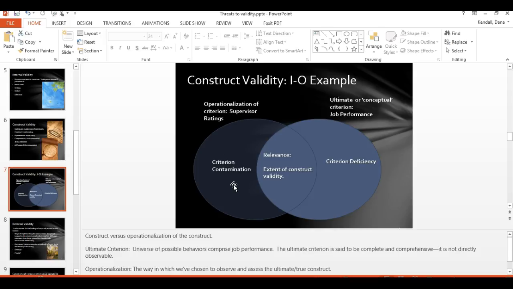And so the goal is, how can we capture the criterion domain or the construct domain, the conceptual criterion, in the most accurate way that we can, and give it the coverage that it should have. And this was why 360 ratings were invented.